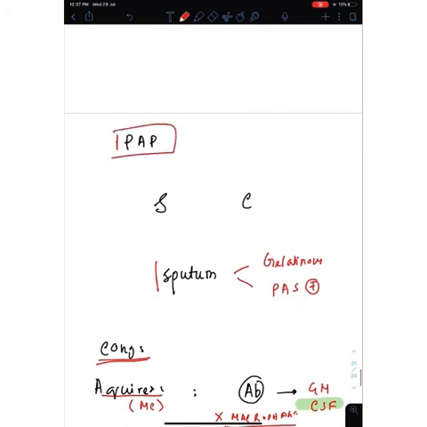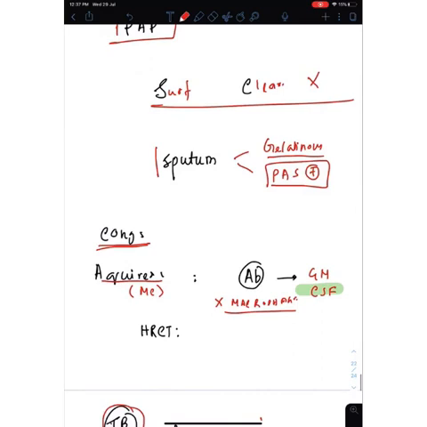Now one thing known as pulmonary alveolar proteinosis. Why is this happening? Because of impaired surfactant clearance. So surfactant clearance is not good, that's why this disease happens. You will get a gelatinous, crunchy and PAS positive sputum. That is an important point. Now it can be congenital, but that's not important.